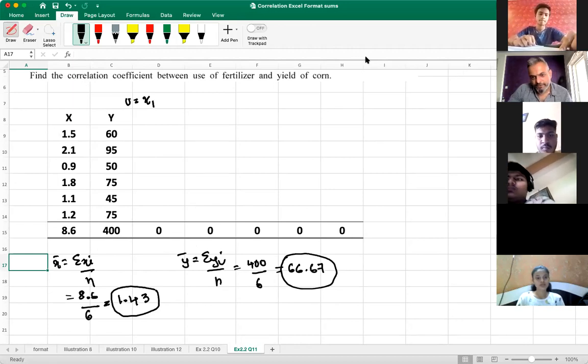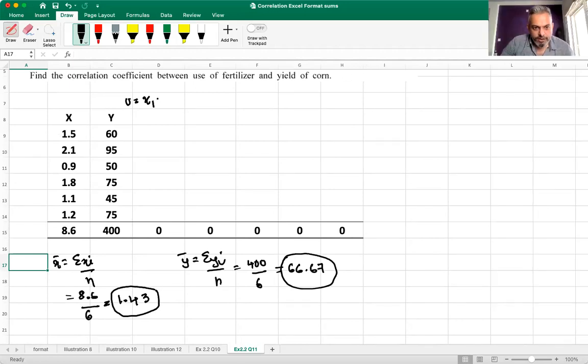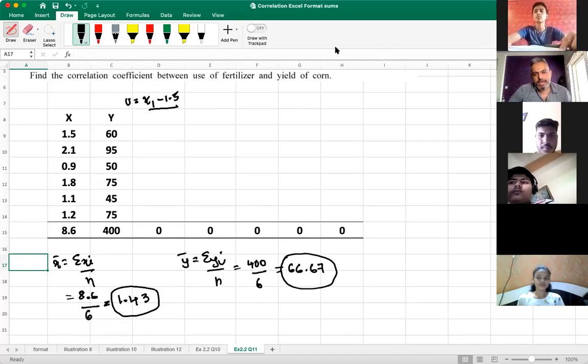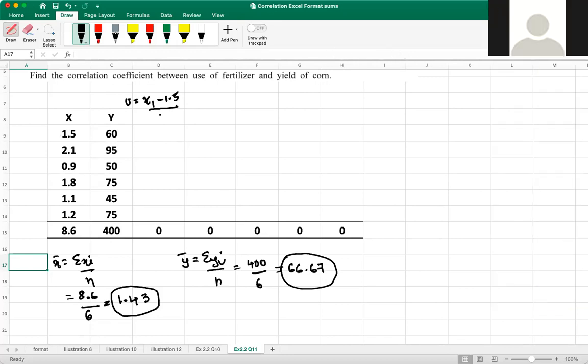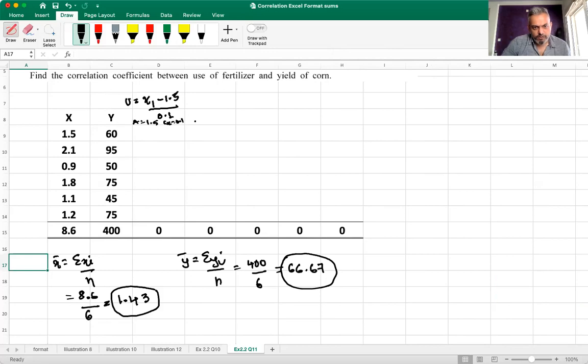Let's take 1.5. Okay, then 1.5 will become 0 so things will become easier. So we take minus 1.5. Divide by what? Can you tell me now? 0.1. Very good. So A is equal to 1.5 and C of X is equal to 0.1.